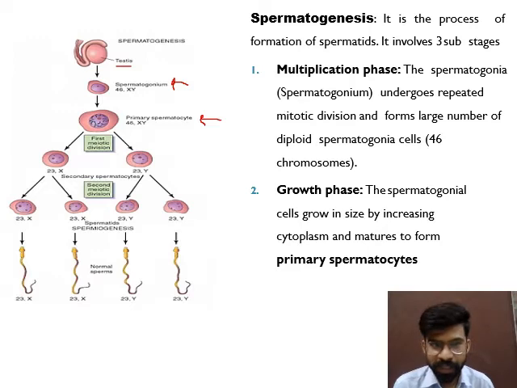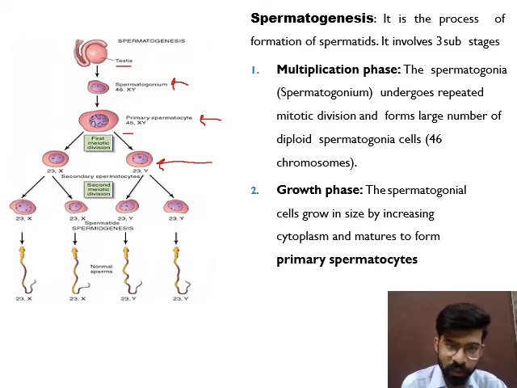Primary spermatocyte contains diploid chromosome. Here 46 chromosomes are there, and in primary spermatocyte first meiotic division takes place. It will lead to formation of secondary spermatocyte. Secondary spermatocyte is haploid in state.